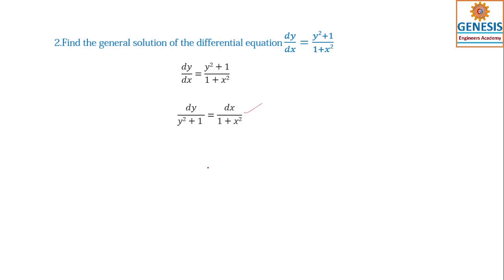If you perform the integration operation, we are going to get this. After this, the integral of 1 by (y square plus 1) gives the general solution for this differential equation.